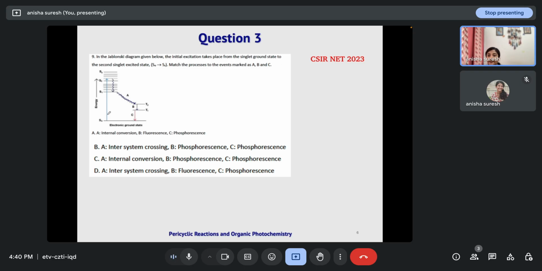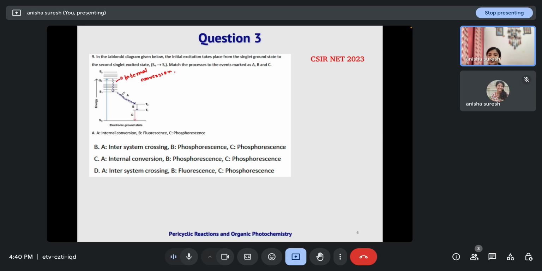So here, this is the absorption that is taking place from S0 to S2. Then from S2, it is coming back to S1 by a non-radiative pathway, that we have seen as internal conversion when we saw the Jablonski diagram.